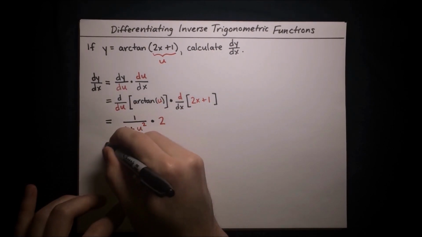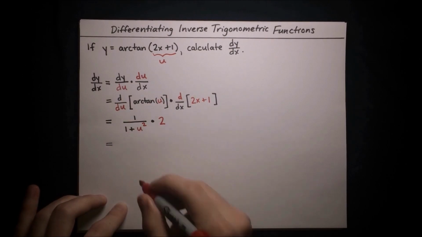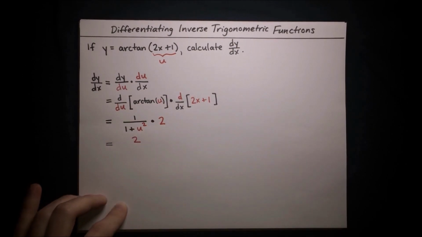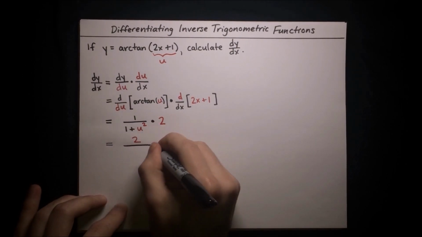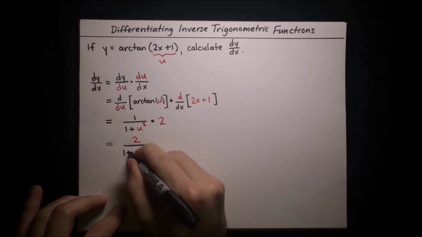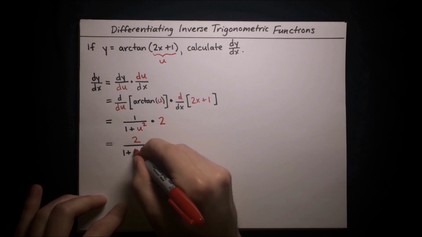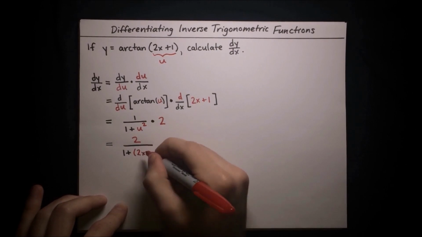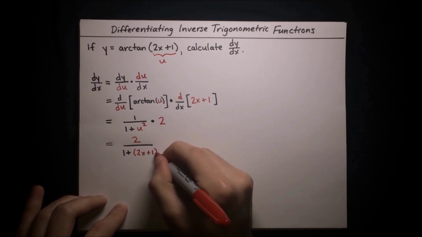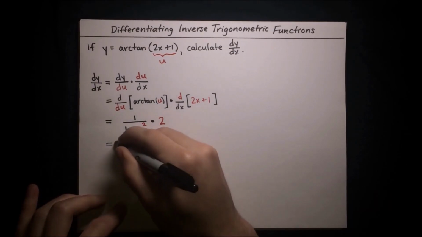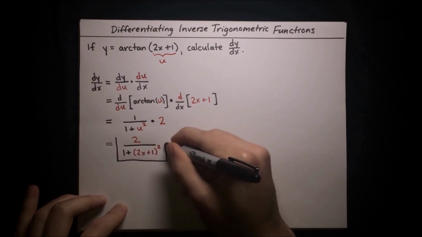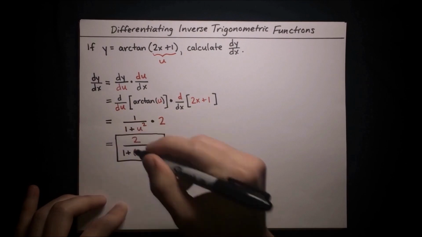So just simplifying this expression, we have a 2 in the numerator, and then 2 over 1 plus u squared. And let's sub in for u in terms of x. u is just 2x plus 1, so that's squared. So there we go. There is our derivative dy dx.